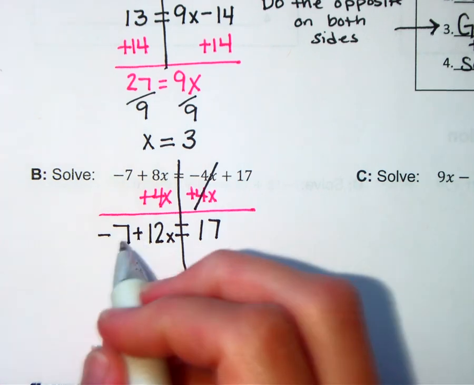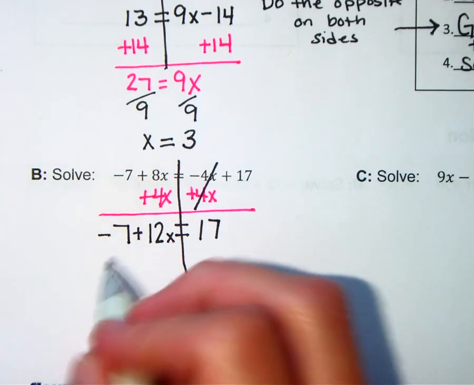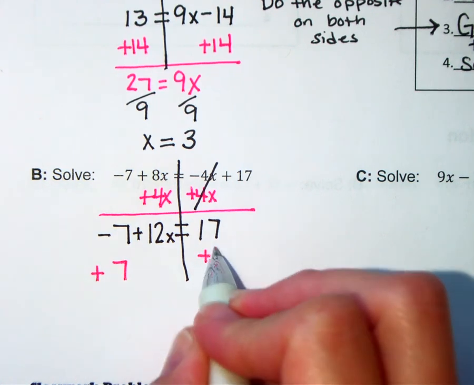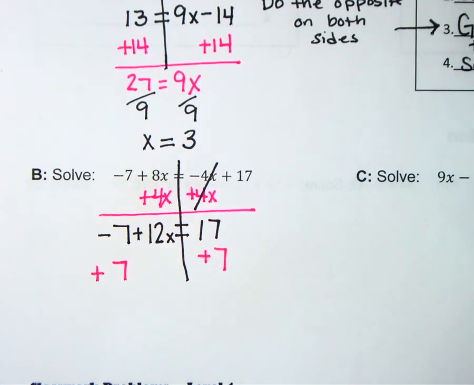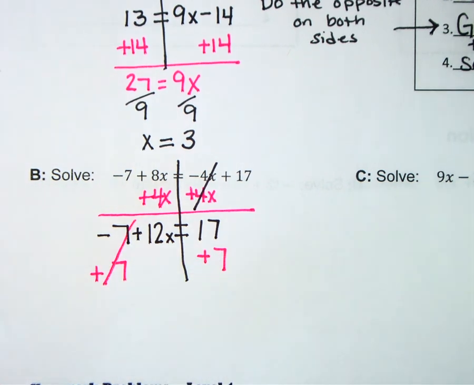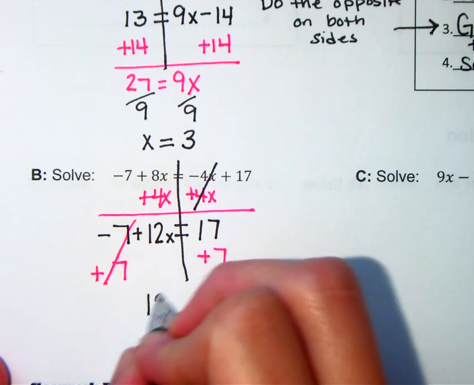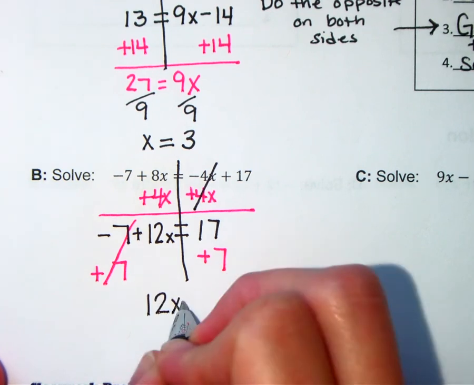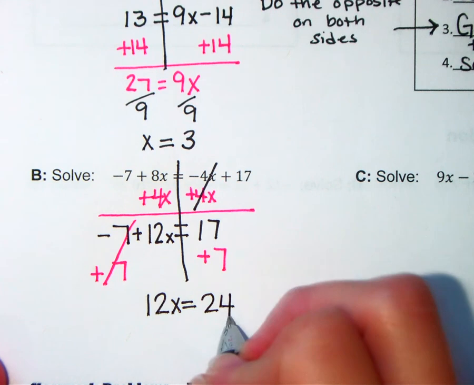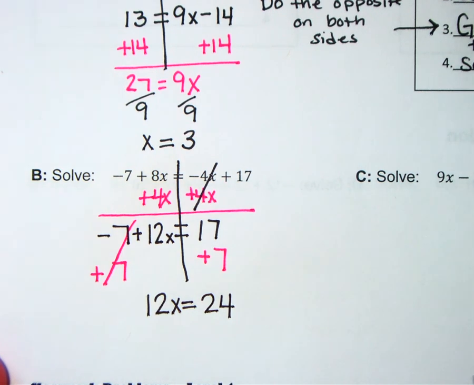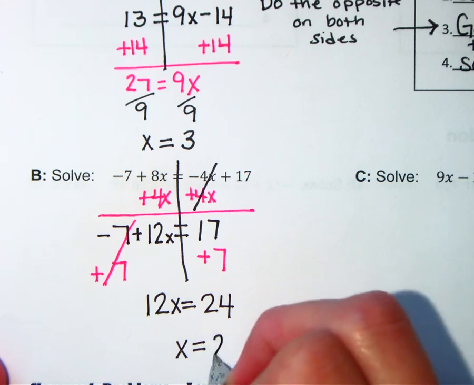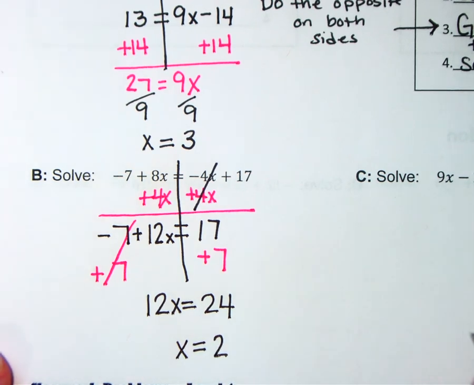So I'm going to add my 7 to both sides because the opposite of a negative 7 would be plus 7. So those 7's will cancel each other out. So I've got 12x equals 24. Divide by 12. And x equals 2.